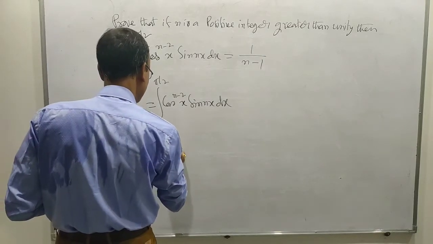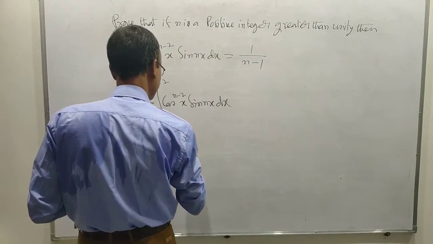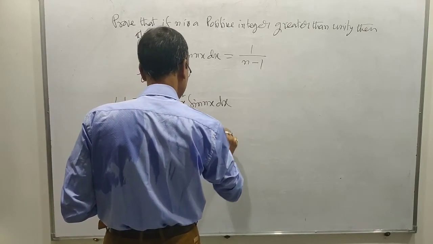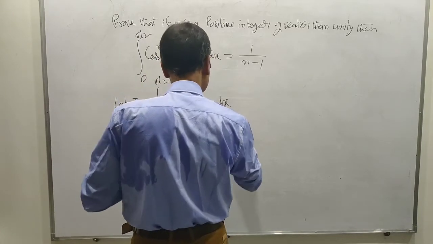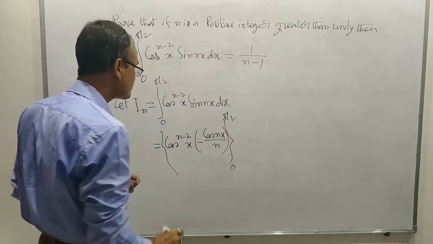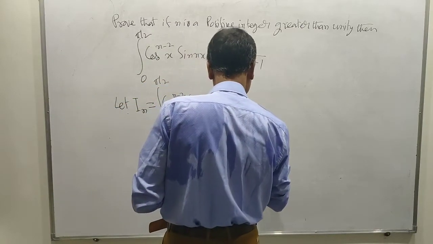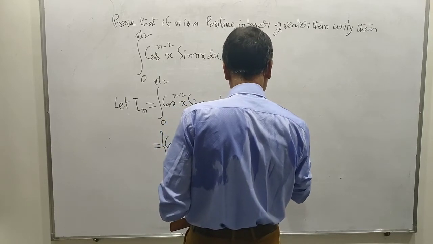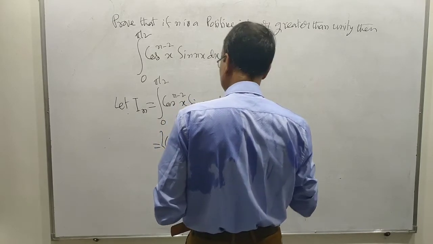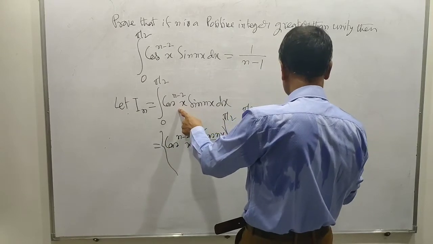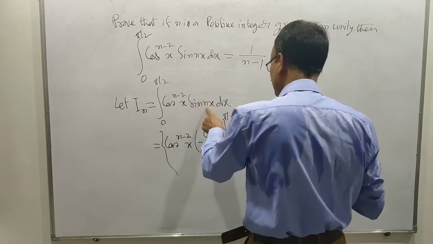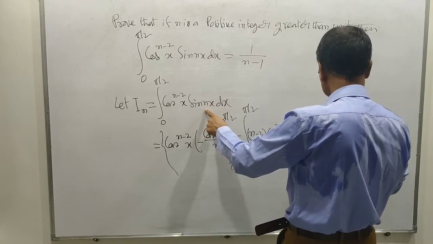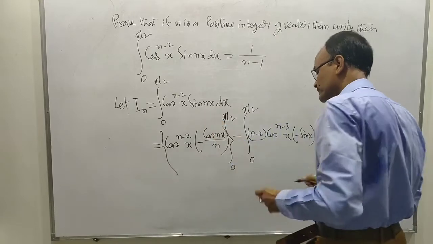This is equal to first function into integration of the second function minus the integral from 0 to pi by 2 of the differentiation of the first function into the integration of the second function.